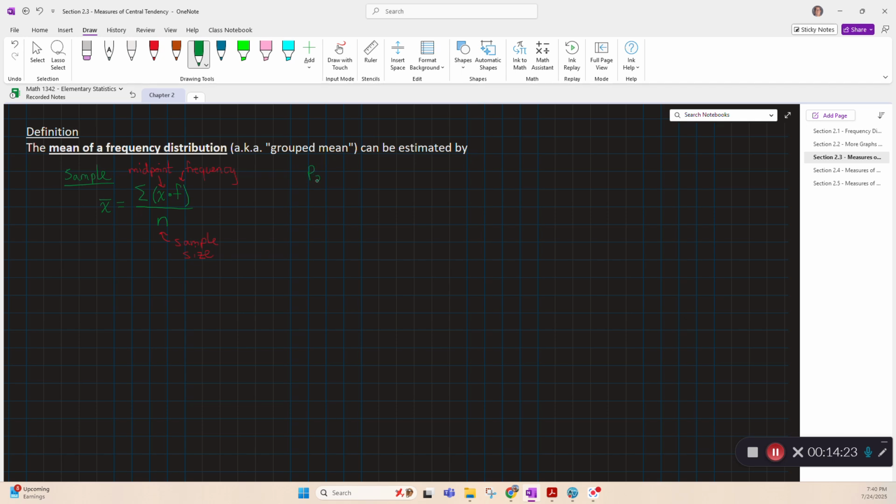If we're dealing with a population, then we're going to use mu equal to the sum of X times the frequency over the population size. Okay.